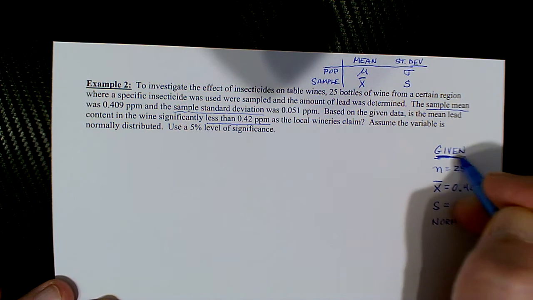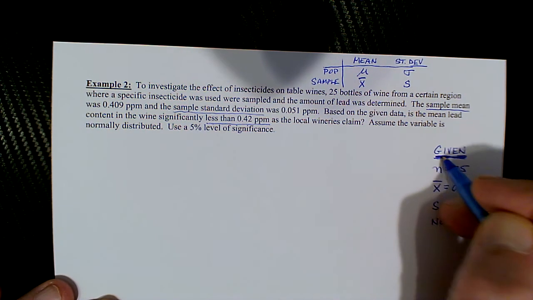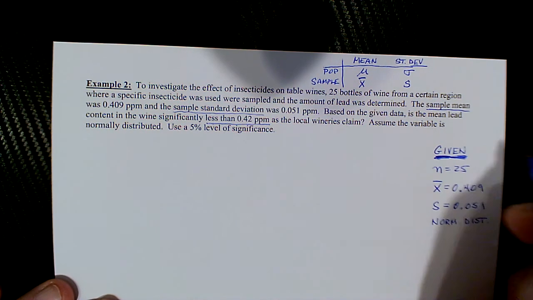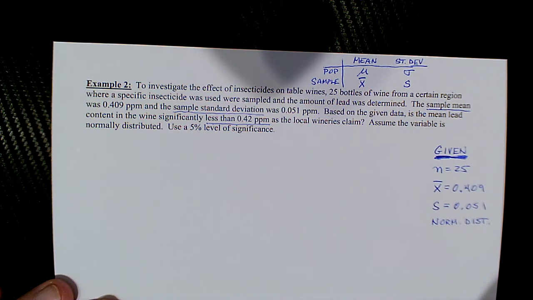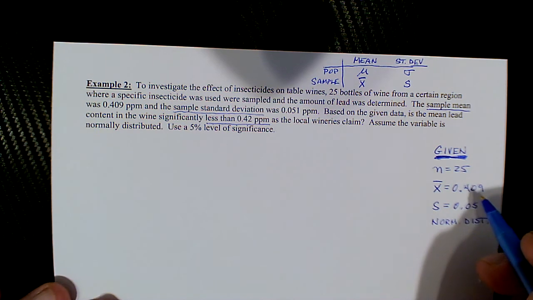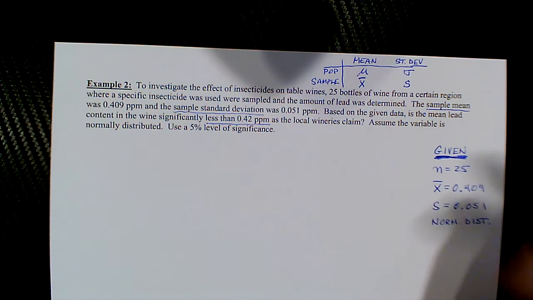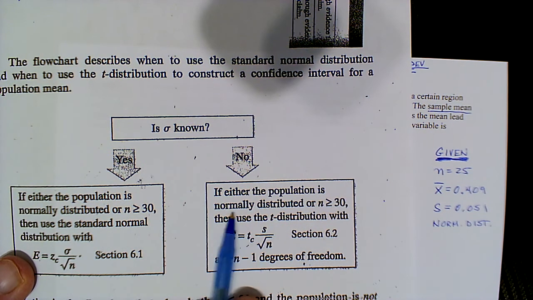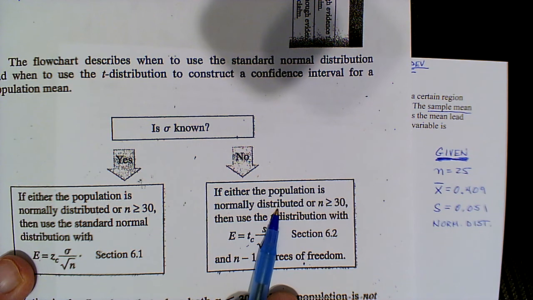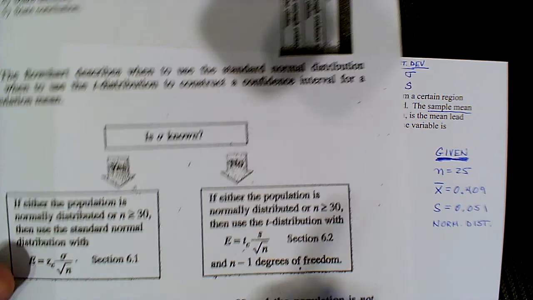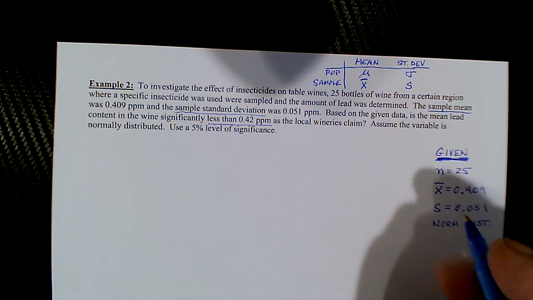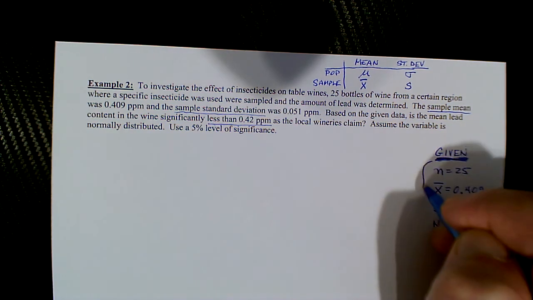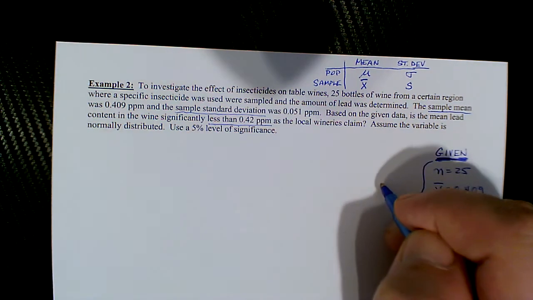A lot of times that's why we call these small samples, because this is characteristically what happens when you do a real hypothesis test in the real world. You're not going to be able to do very many more than 30. So again, the flow chart if you like. The point is we don't know sigma, so fortunately it's normally distributed, and therefore we're going to use t. So this information tells us to use the t distribution.